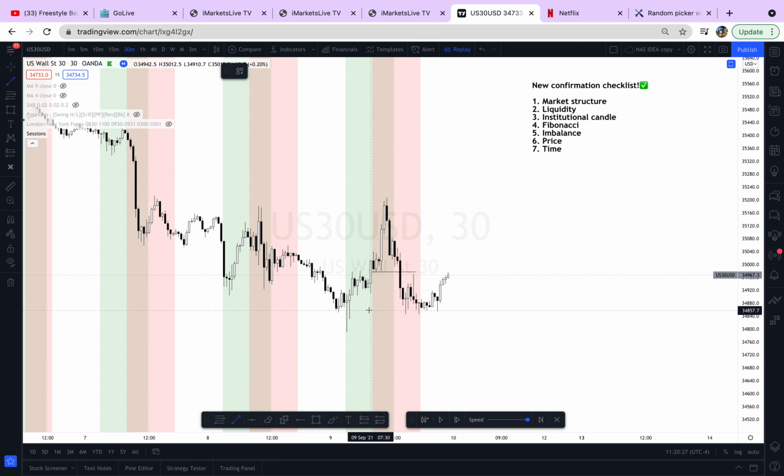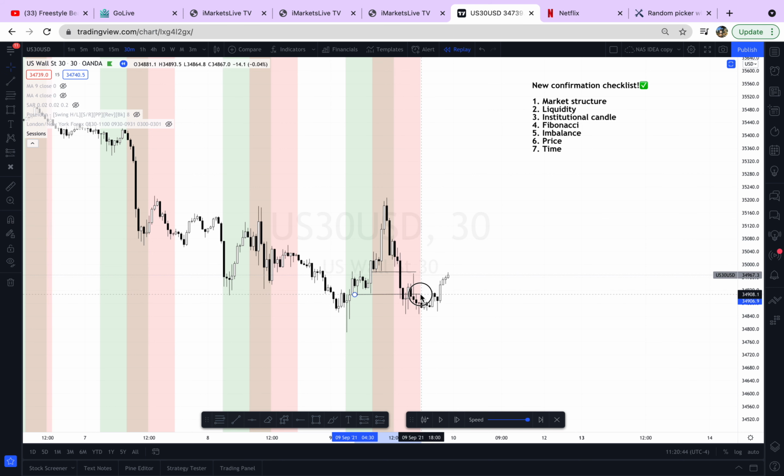So when the market breaks below these lows, it gives us a clue that, okay, this isn't necessarily a bullish market anymore, right? It was giving us signs that it wanted to be a bullish market, but now we're getting breaks of structure to the downside.